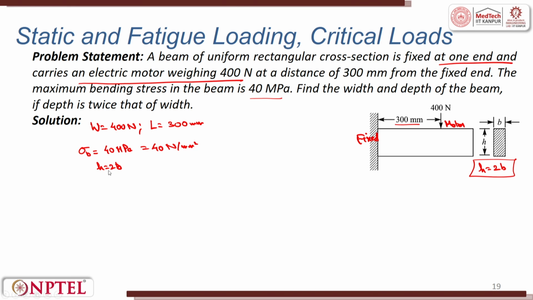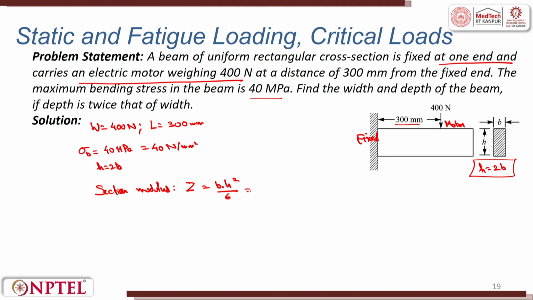Now, let us use the relations which we have discussed in the lecture on bending moment. Now we know section modulus Z is equal to b into h square by 6, right?